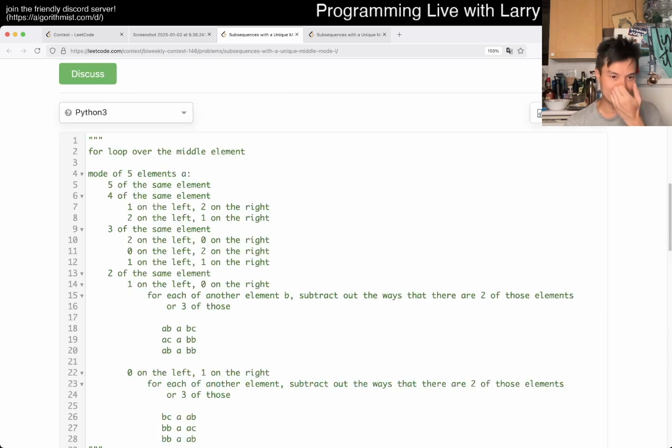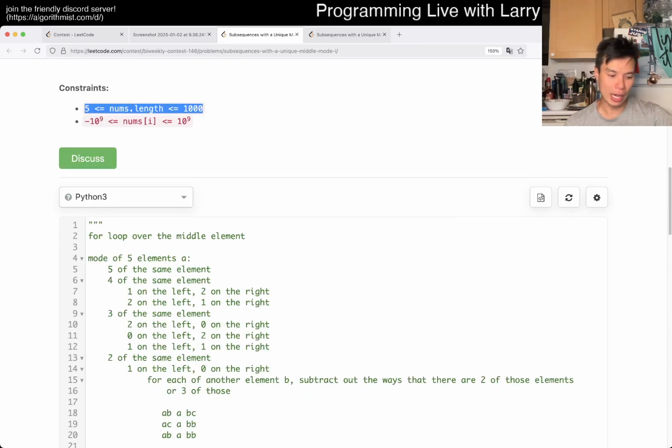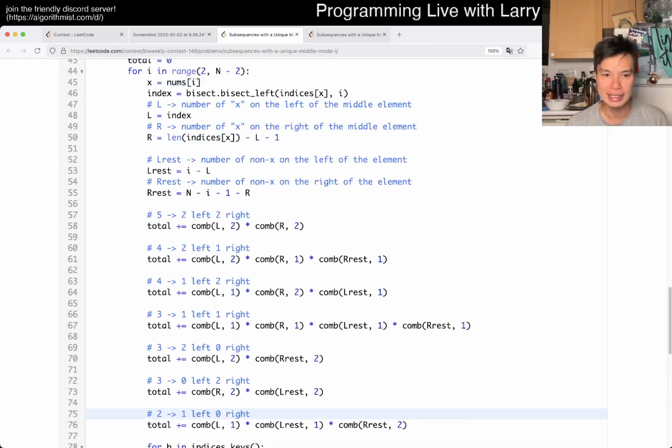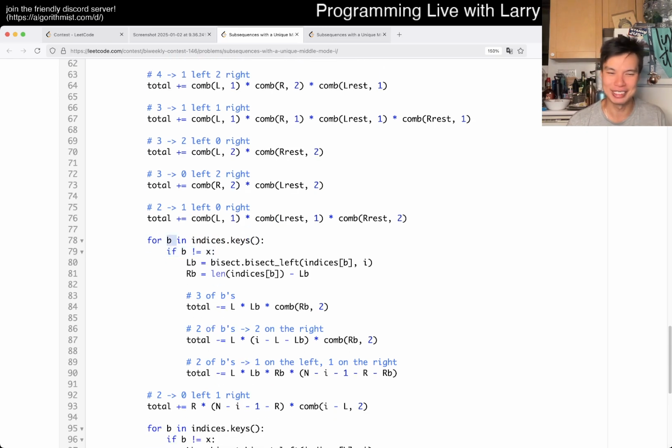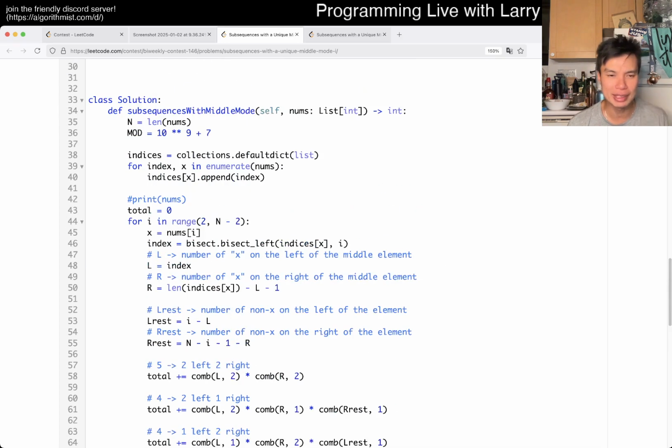And because n is equal to 1,000, we are able to enumerate all the other cases, and that's the idea, right? Because this is another O of n loop, because you have at most n unique elements. And then if they're not equal to x, and maybe it's inconsistent with the b and the x, but yeah, we do a binary search. Oh, I think I skipped this, sorry.